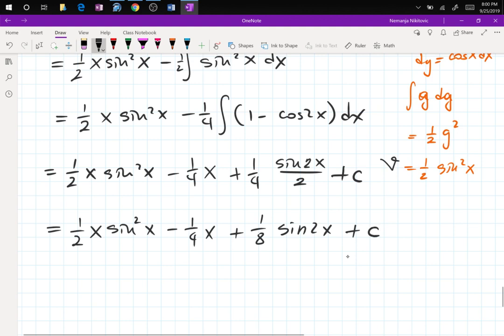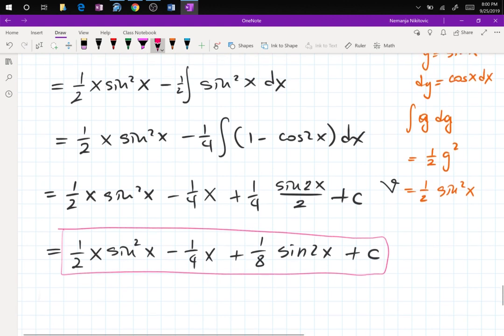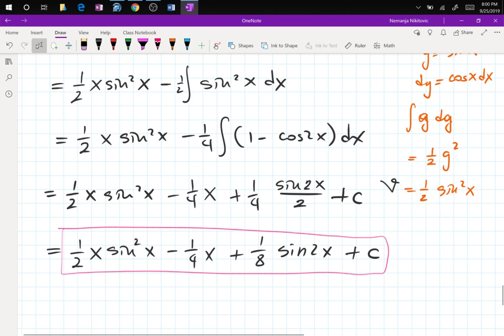Oh, what an awesome problem. How does it become 1/4? The formula for power reducing is over 2. So 1/2 times a half from the formula. The sine squared power reducing formula has two in the denominator.